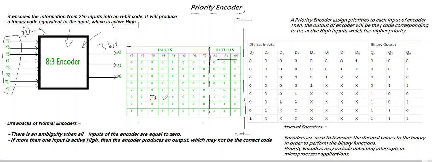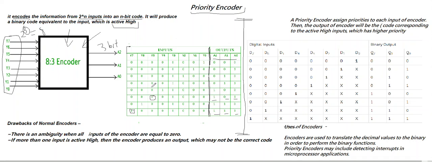That is one assumption in the normal binary encoder, that at a time only one input will be active high. So for this, my output will be 1, 0, 1. Similarly for Y7, if it is high, then my output will be 1, 1, 1.